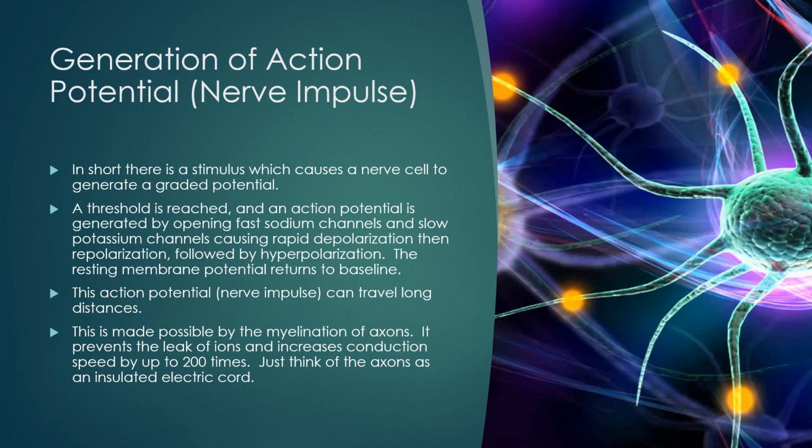The resting membrane potential then returns to baseline. This action potential nerve impulse can travel long distances, and this is made possible by the myelination of axons. It prevents the leak of ions and increases the conduction speed by up to 200 times. Just think of the axons as an insulated electric cord.